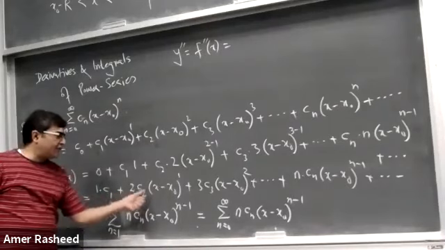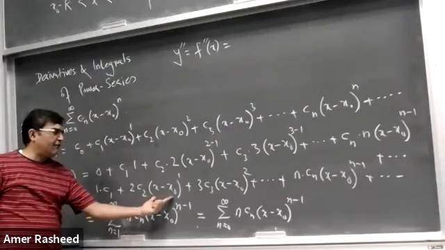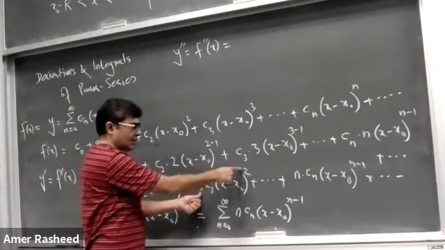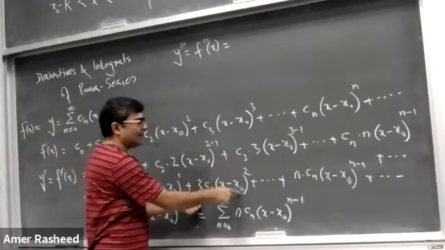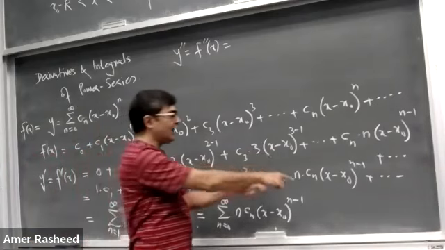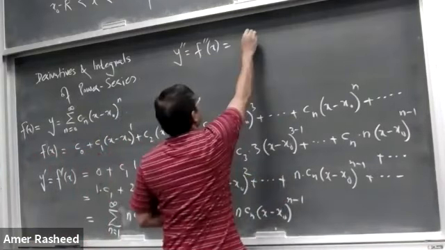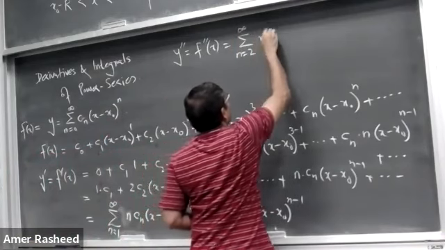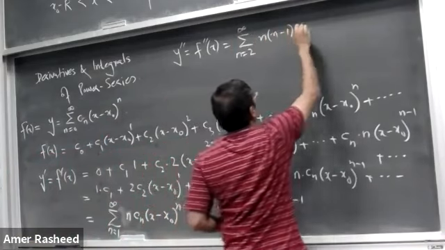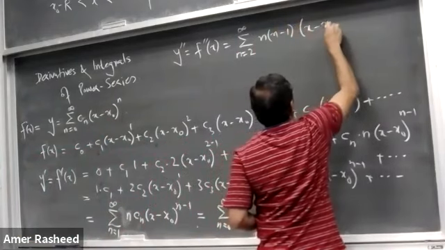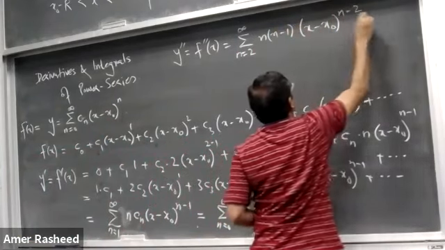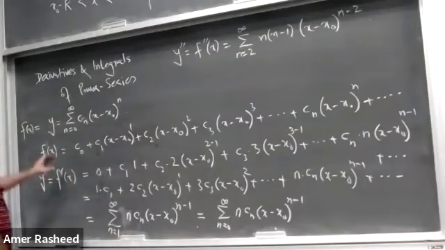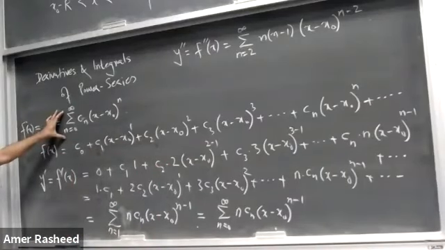The derivative of this thing is 2C2, and the derivative of this thing is 1. So here you have 3 into 2, C3 (x minus x naught) power 1, and so on. And ultimately the summation starts from n from 2 to infinity, n into n minus 1 times (x minus x naught) whole raised to n minus 2. So this will be the second derivative of this power series. Okay.